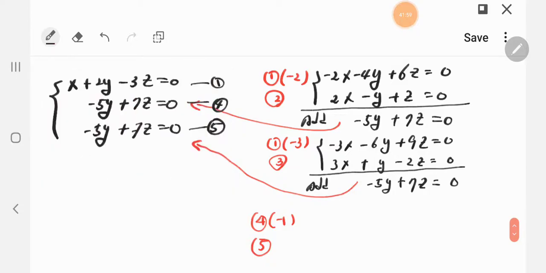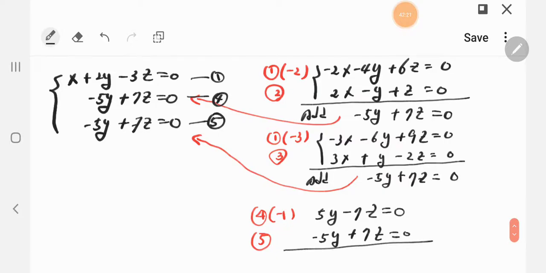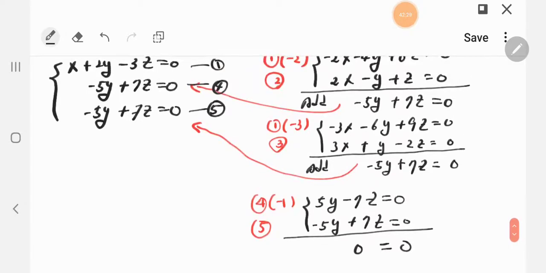Then the result will be substituted for the last equation. So equation 4 times negative 1 is 5y minus 7z is equal to 0. The fifth equation is unchanged. Once you add these two, we get 0 equals 0, which will be substituted for the last equation.